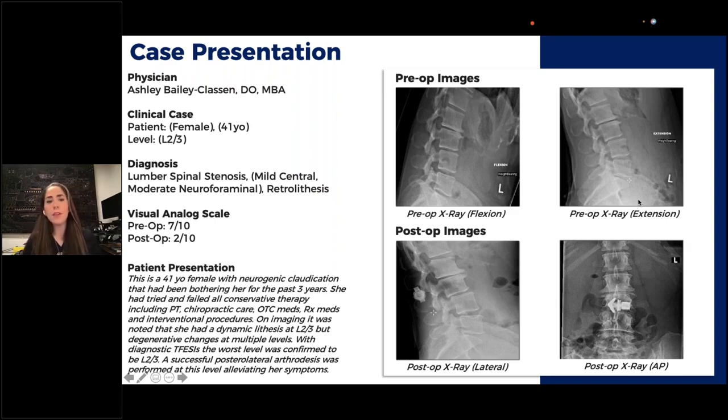So again, that's already been discussed tonight, that is one of the more rarer levels for us to do. But at that level, she did have some mild central, but mainly more moderate neuroforaminal stenosis on the outside. So one thing I kind of want to highlight on her pre-op flexion extension x-rays, which again, I agree with Dr. Stevens, this is something I take away every single time when I'm assessing these patients.